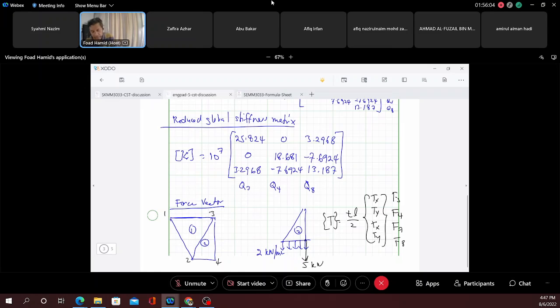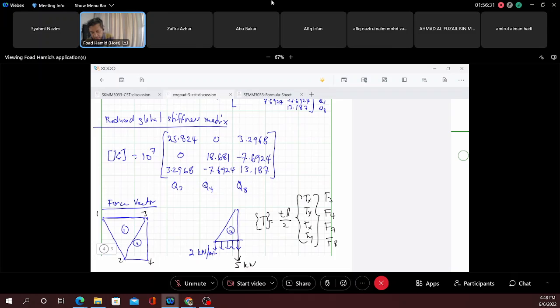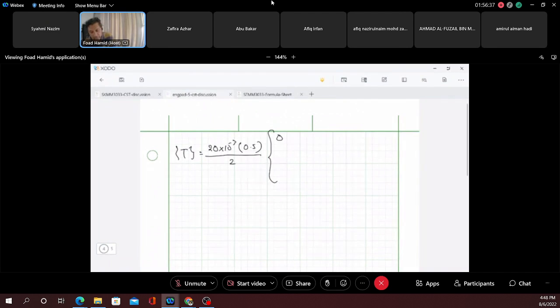So when I substitute this value, my T is equal to TL over 2, my thickness is 20 times 10 to the minus 3, my length is 0.5 meters, divided by 2, and in the X direction there's no such load, and Ty is 0, minus 200, 0, and minus 200.